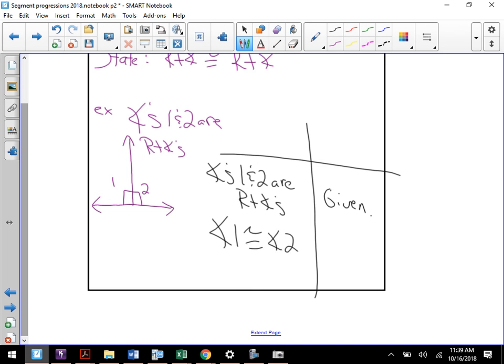And here's where it's not a definition in this case. This time our reason is all right angles congruent. Whenever you have two right angles, and you have to say that they're congruent to each other, your reason will always be all right angles congruent.